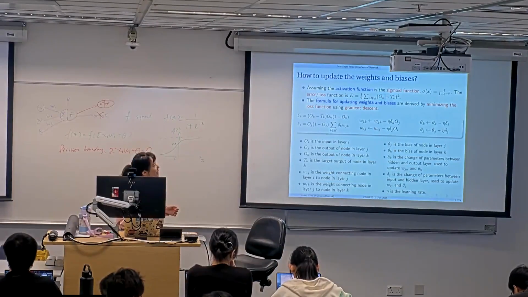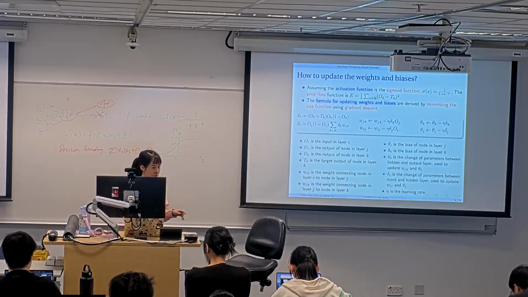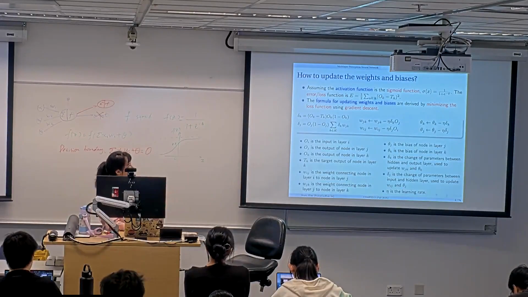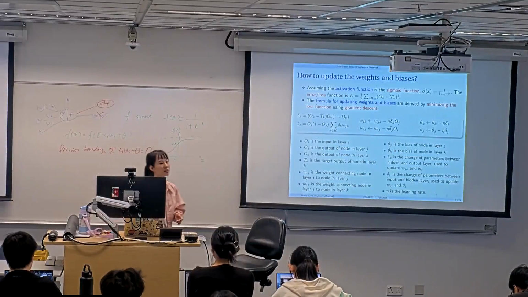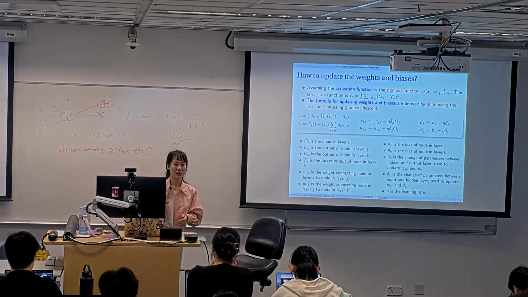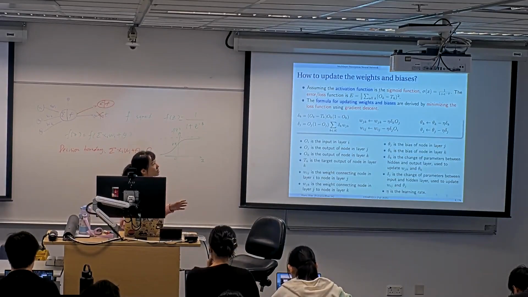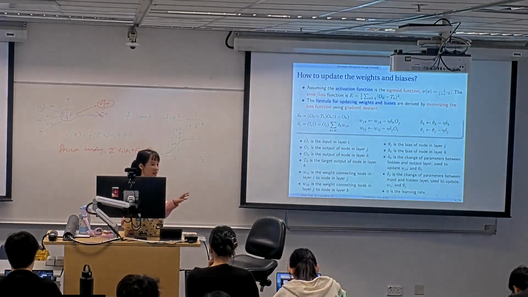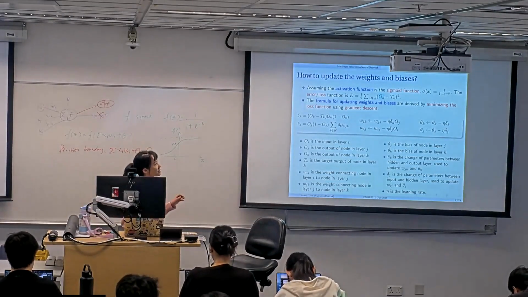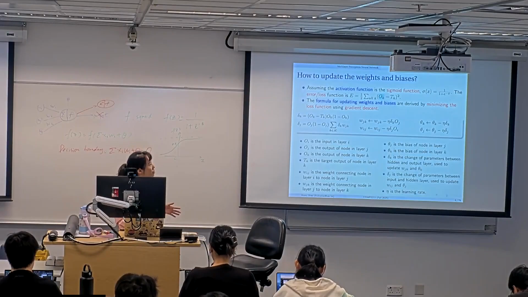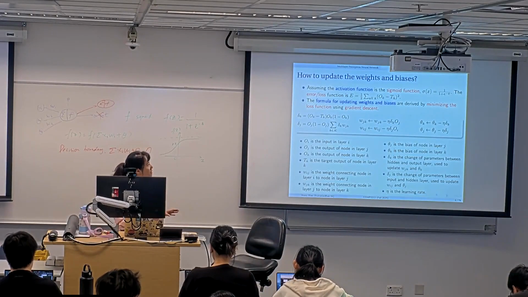K denotes the output layer, right? The output layer can have multiple nodes. So for all the nodes in the output layer, we compute the output, take the difference between the computed output and the true label, the target, square it and add them up. This is the square loss.